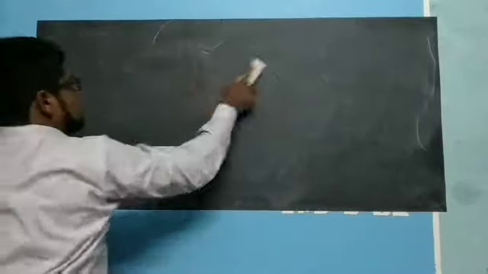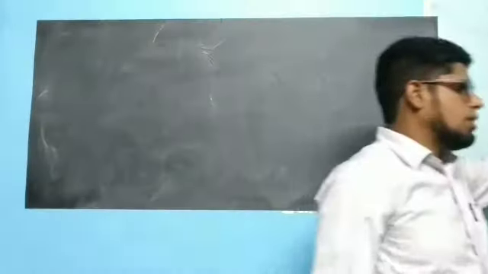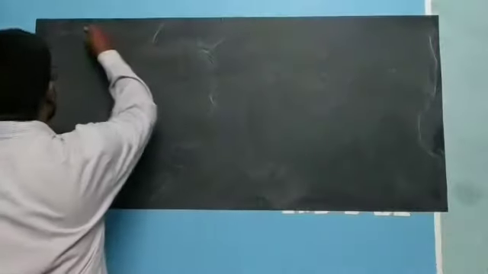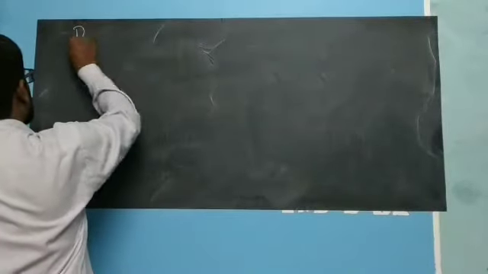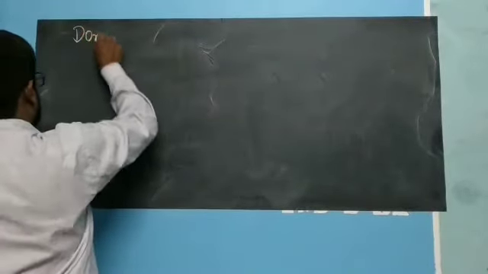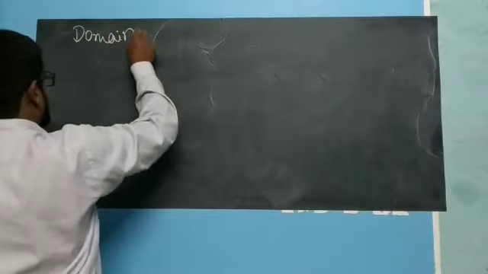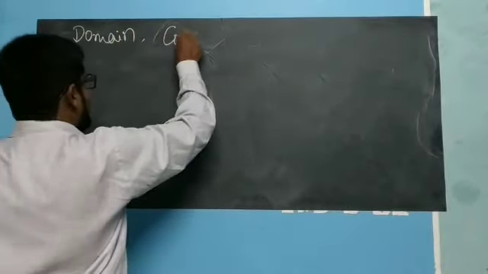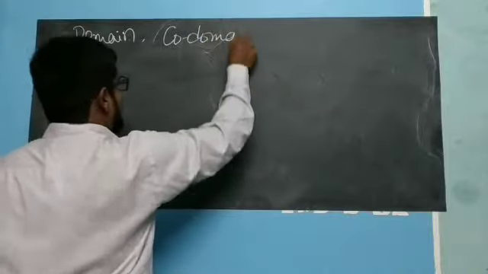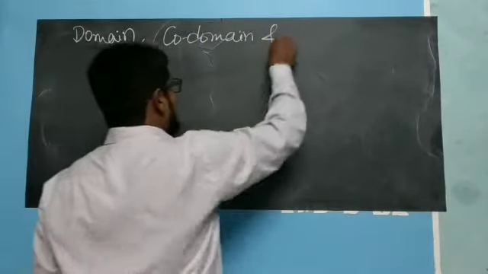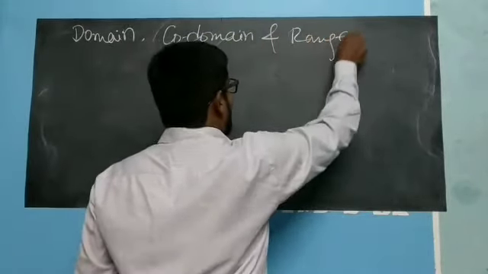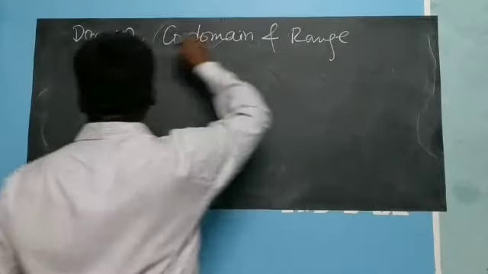After the general representation, next we will go to the three important concepts in our function. That is, first one is domain, codomain, and range of function.